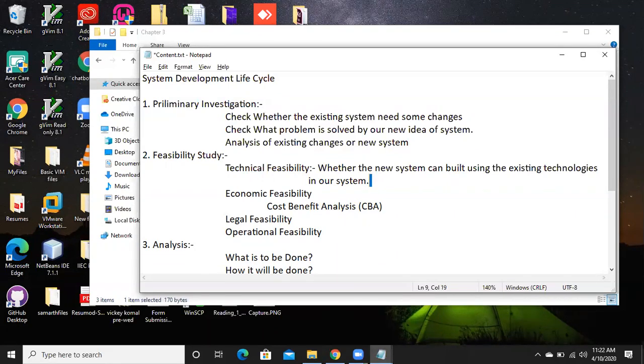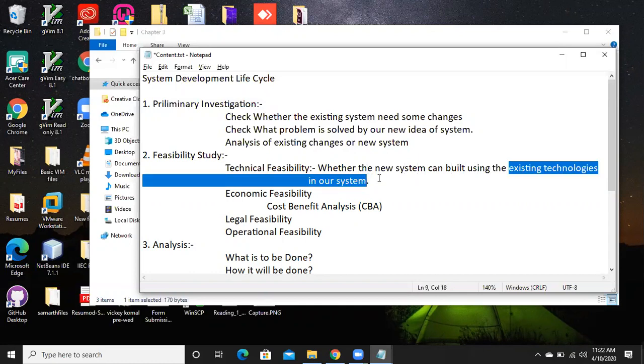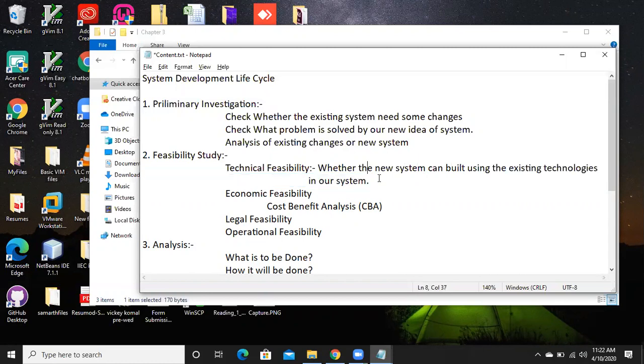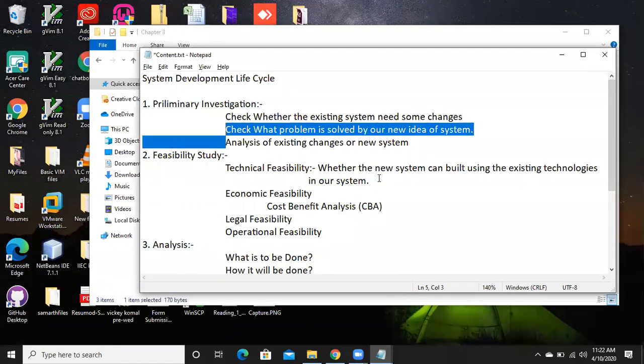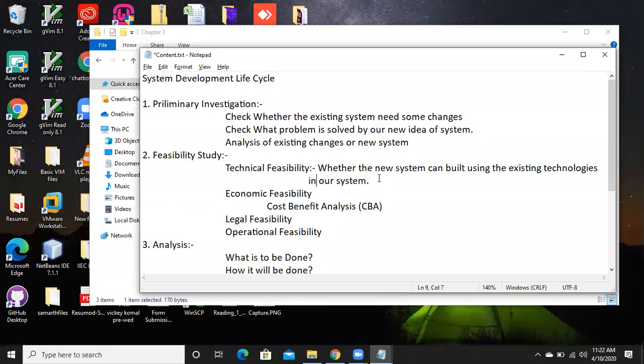So first we will discuss which kind of technology we will be building our particular product on. After deciding the technology, if the current technologies in the organization can solve those problems, it is fine, very fine. But if the current technology in our organization cannot solve those problems which we have discussed in the preliminary investigation, then we have to hire another employee in our organization, or the system analyst himself has to gain those particular technical skills, right?